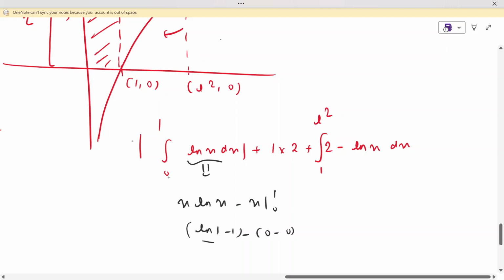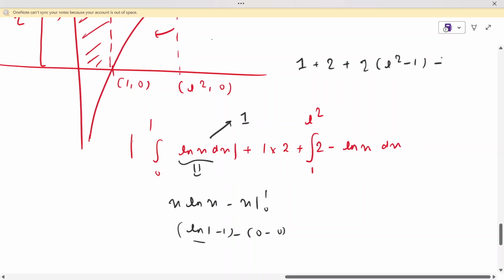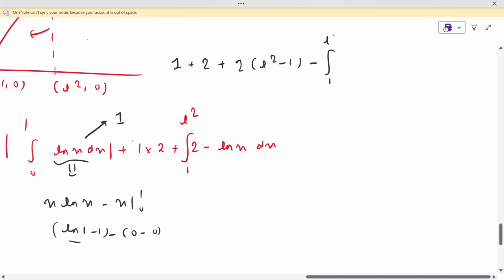So ln 1 is 0, it comes out as minus 1, so 1 plus this one, which is 2 into e square minus 1, minus the integral from 1 to e square of ln x.